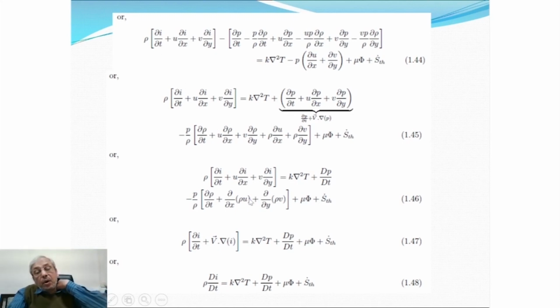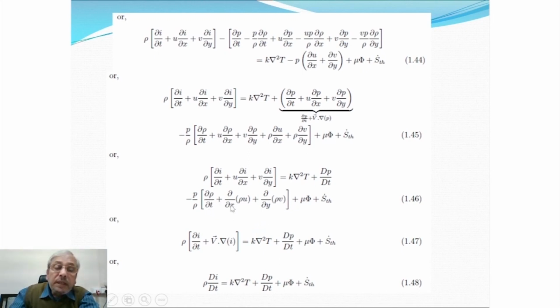Basically del rho del T plus the convective derivative of rho plus rho into divergence of V, that means del U del X plus del V del Y.